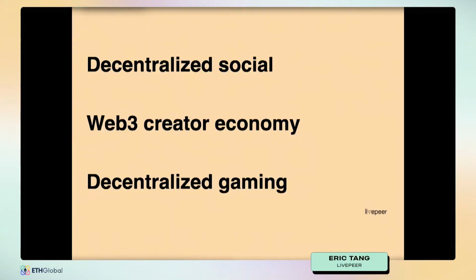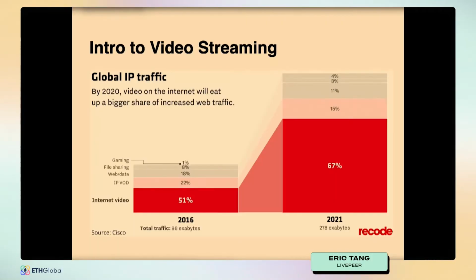We're talking about building a disruptive streaming app, right? In order to do that, let's go through a quick overview of video technology and see how it worked in the Web2 world and how it is working in the Web3 world. Video accounts for about 80% of the internet's traffic, right?